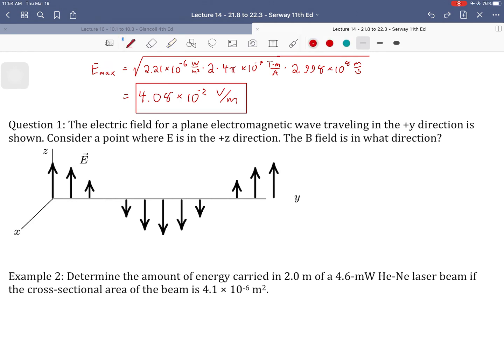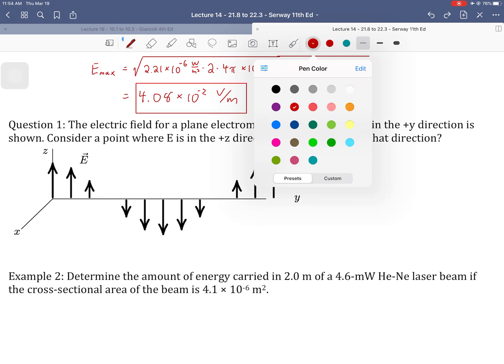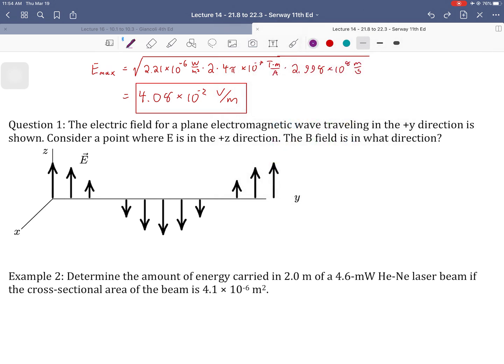To help answer that question, we can draw a common way of showing the electric field. It's always perpendicular to the wave. When we're looking at that electromagnetic wave, there's a very good way of drawing it in 3 dimensions, where it'll be kind of coming out of the page and going into the page, depending on what the electric field is doing.